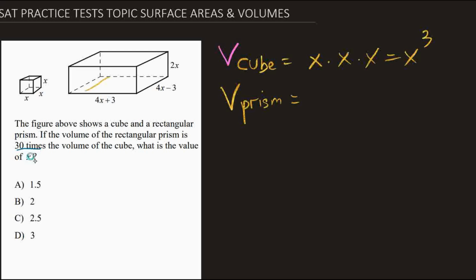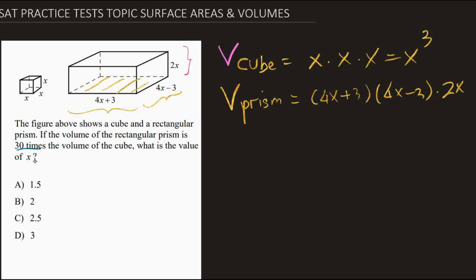This is the base area. So base area will be length times breadth. So it will be 4x plus 3 times 4x minus 3 times the height here. So it will be times 2x.